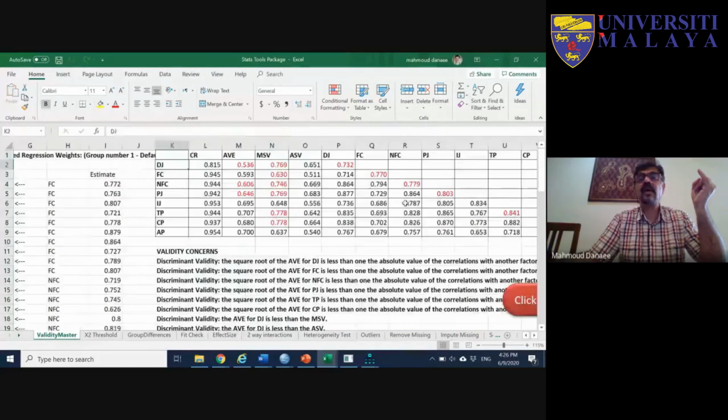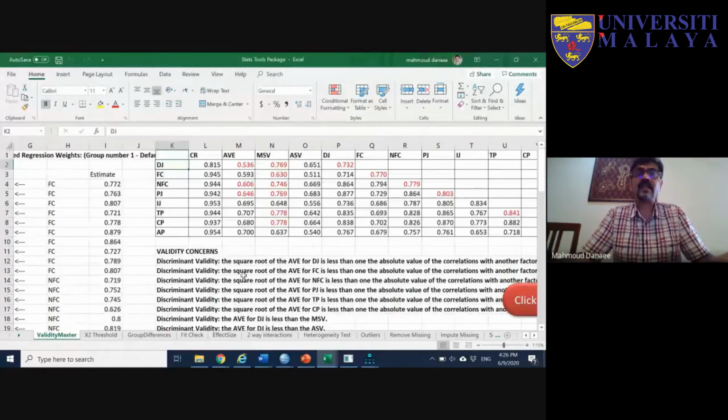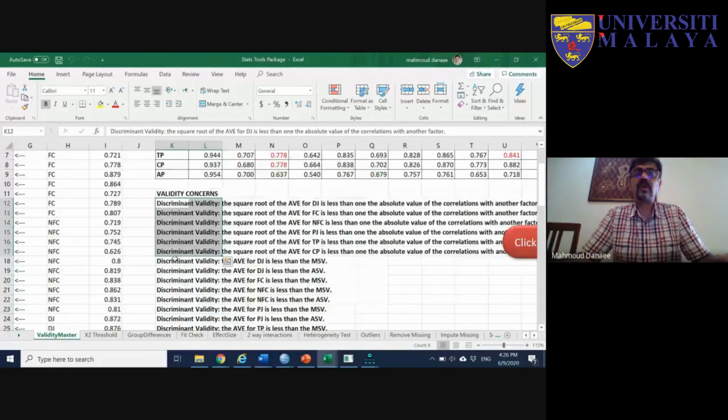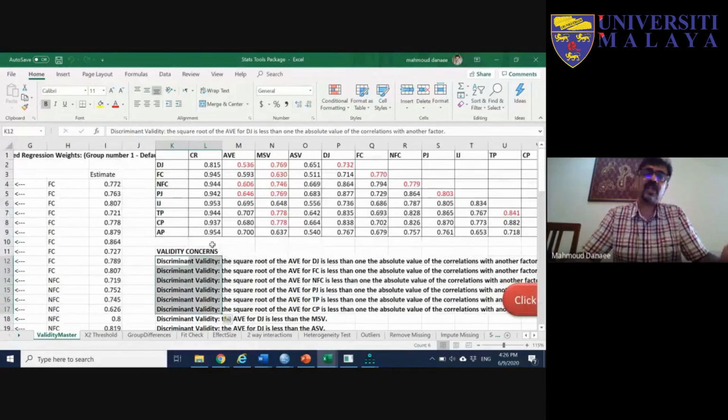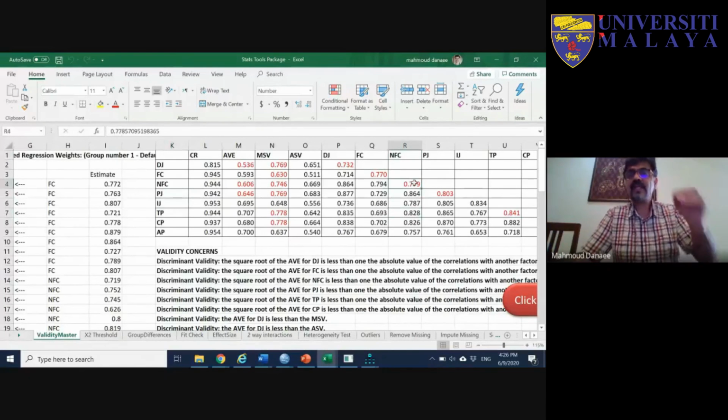Now, as you can see here, the outcome shows that we have a lot of problems for this measurement model. We have a lot of discriminant validity issues. And for the convergent validity, fortunately, we don't have a problem because all the AVEs are good. But unfortunately, some of these components are highly correlated. Look here, NFC and PJ are much more correlated than the correlation within the construct.